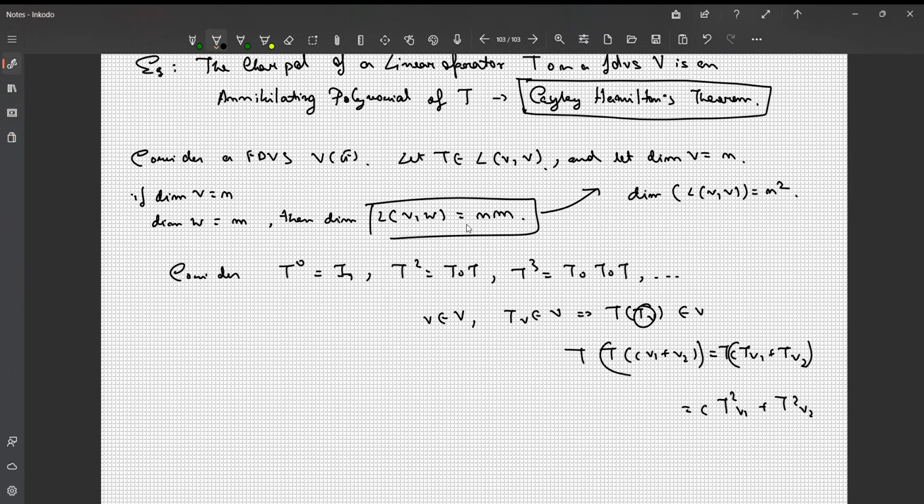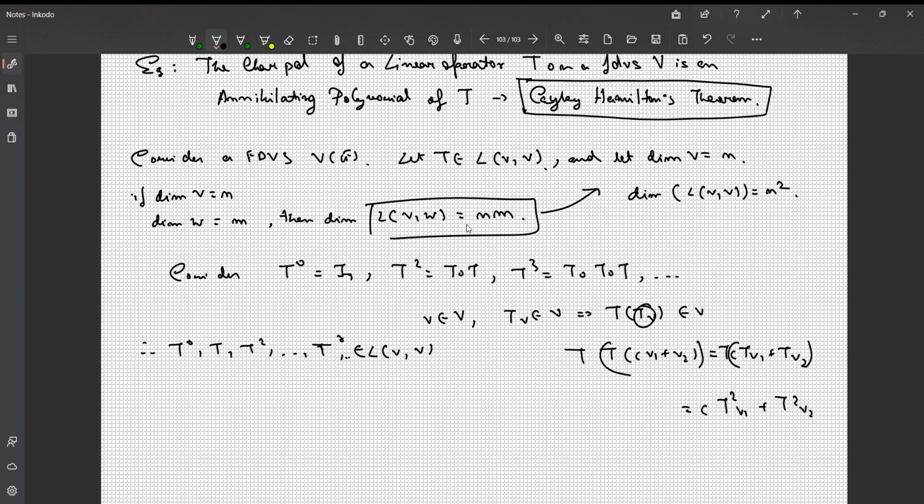So inductively we can say that if T is a linear operator, every integral power of T is a linear operator. Therefore T to the power 0, the identity, is also a linear operator. So T to the power 0, T squared, and so on till some T to the power r are all in L(V,V).